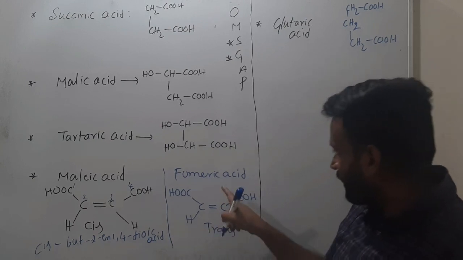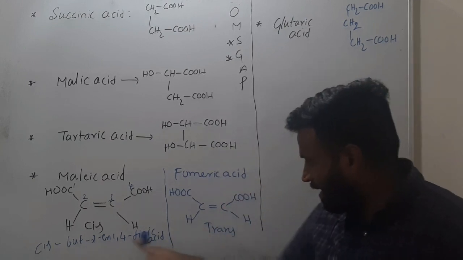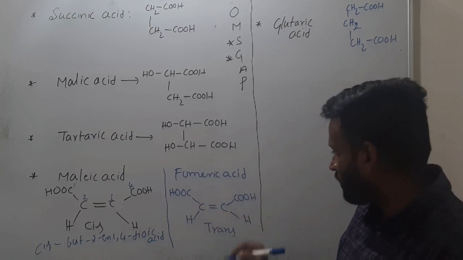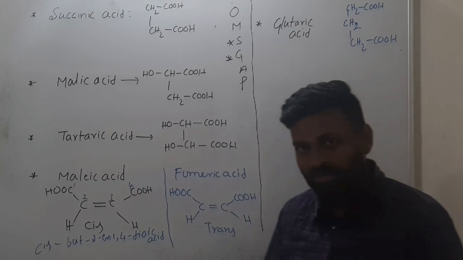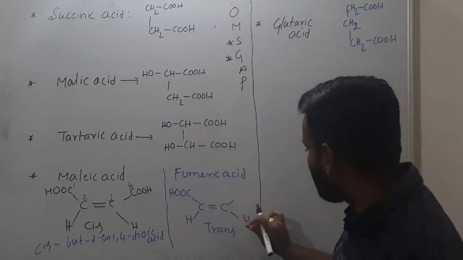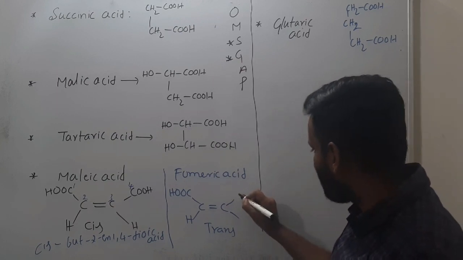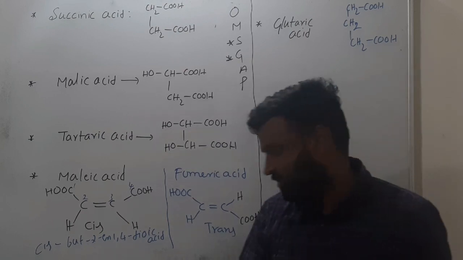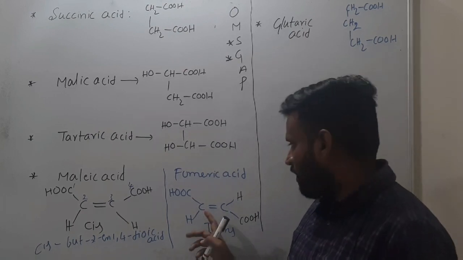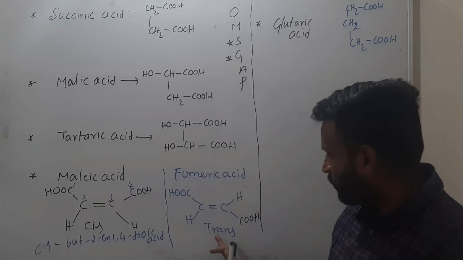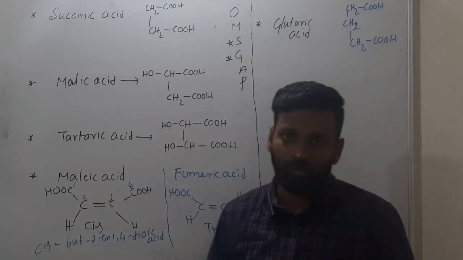But the same here, fumaric acid means the same name here, but trans. Right, trans, I said it wrong, sorry. Transform, no, here, sorry. And here you have H and here you have COOH. So the same name we will write: trans-but-2-ene-1,4-dioic acid.